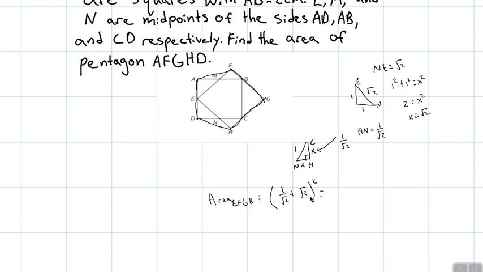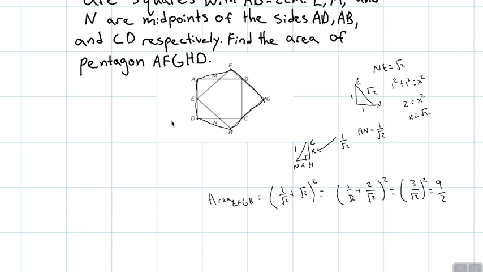We can simplify this to get them to have the same denominator. Root 2 is just 2 over root 2. We multiply numerator and denominator by root 2. And we get 9 over 2 is the area of that square. So we found the biggest component of the area of the pentagon.